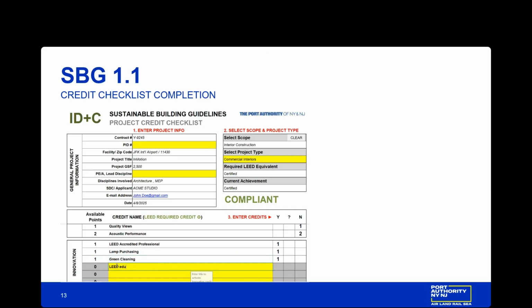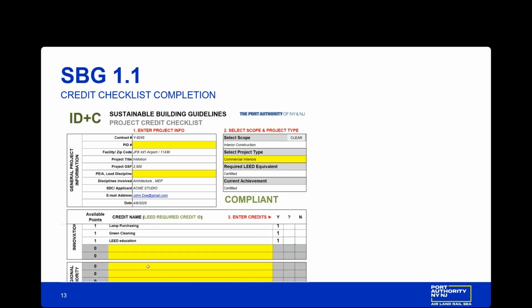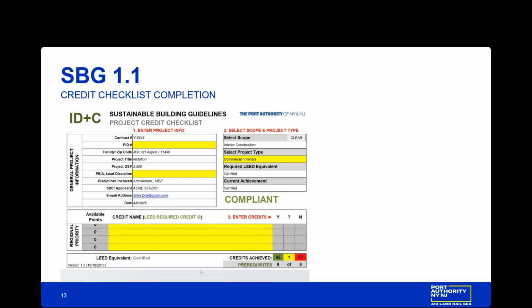Here you can add up to 5 points in this category, depending on what points you're going for. As you can see here, this sample project achieved 45 points with 1 in the maybe. And you can see here that with 45 points, this project will be compliant.